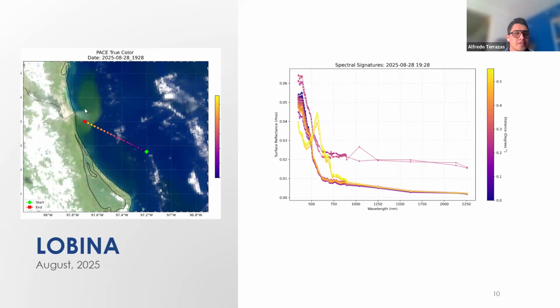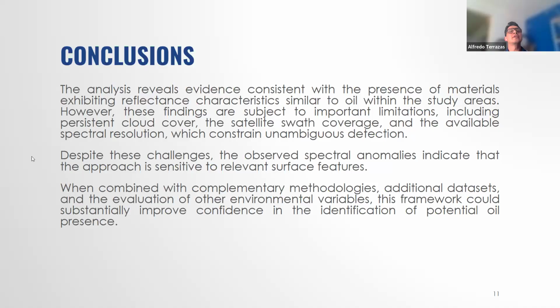There's a lot of green here, and we can see the signature here, all the yellow spectra that are near the coast and near the green spot. So we need a lot of work with this, and it's where our conclusions are.